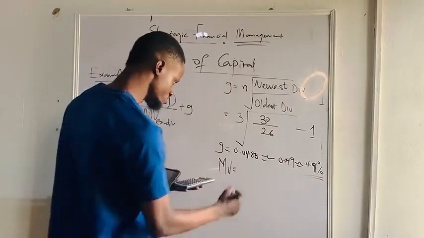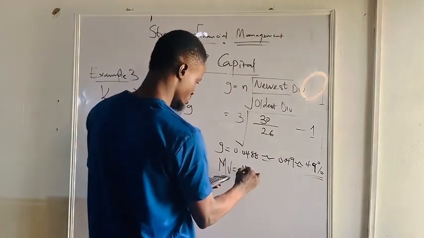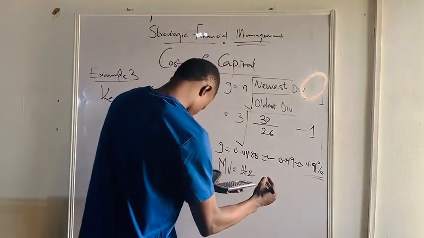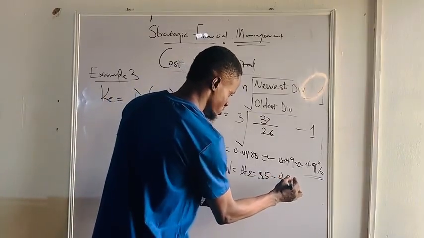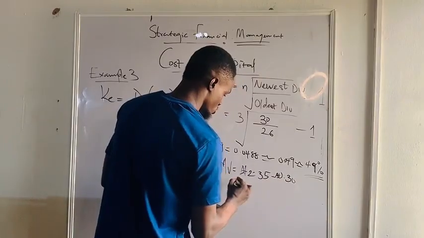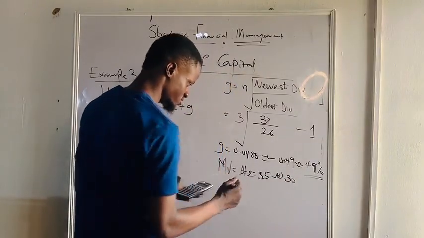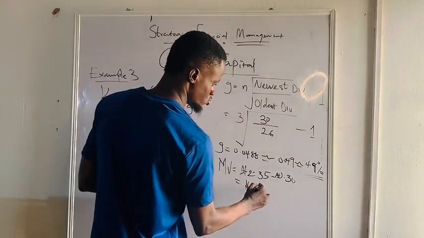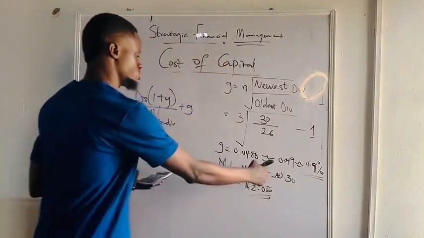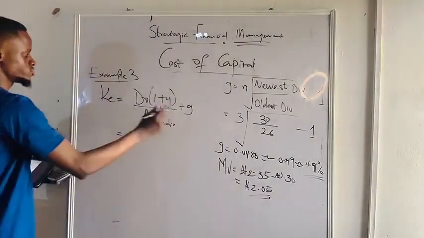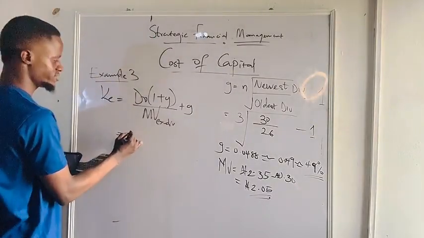So currently it is 2.35 minus 0.30. So what is the answer? This should be 2.05. So let's put the figures inside the formula.